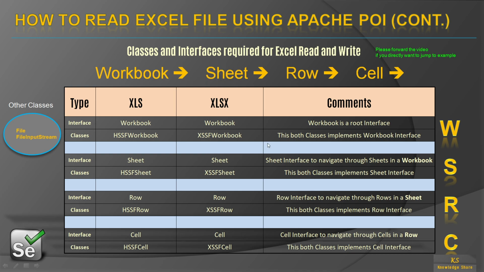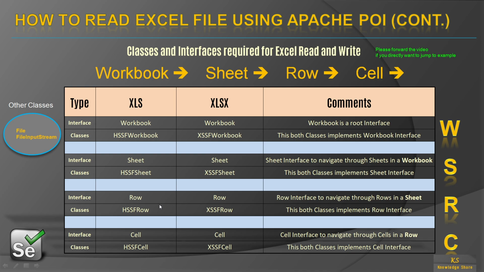To navigate to the sheet, you'll be using the Sheet interface, and HSSFSheet and XSSFSheet implement this Sheet interface. In the same way, when you navigate to the sheet, you will be navigating to the rows. For that, Row is an interface, you will use the reference from the sheet, and then the HSSFRow and XSSFRow classes implement the Row interface.